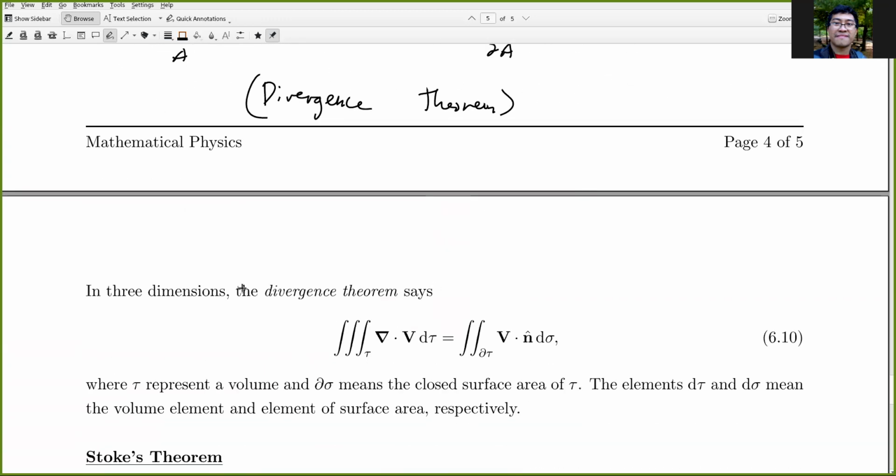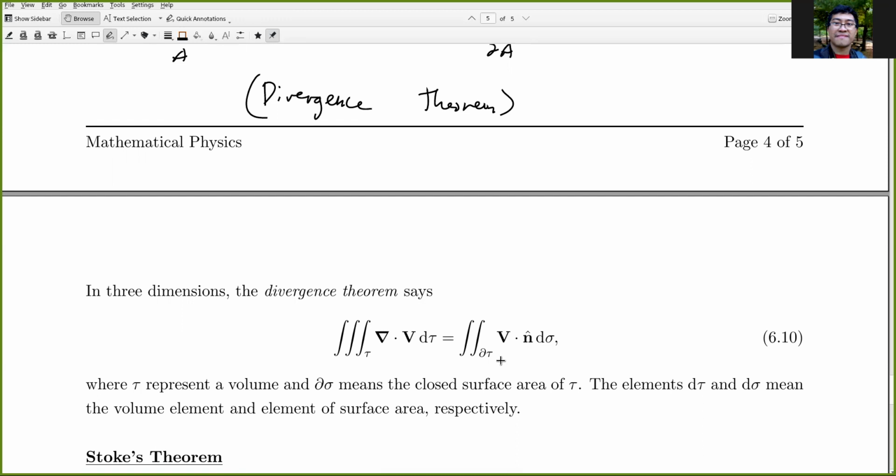In 3 dimensions, we can extend this. So we have tau, a volume, and partial tau is the closed surface area.